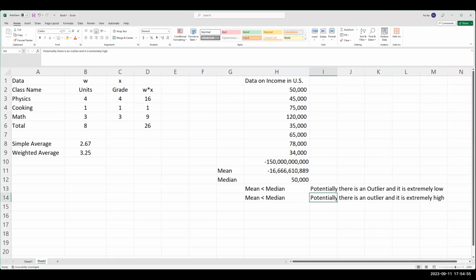Okay, let's move on, go back to the whiteboard. So we talked about the mean, median, mode, and we talked about weighted average. And now we're going to go to measures of variability. Let's start talking about that.